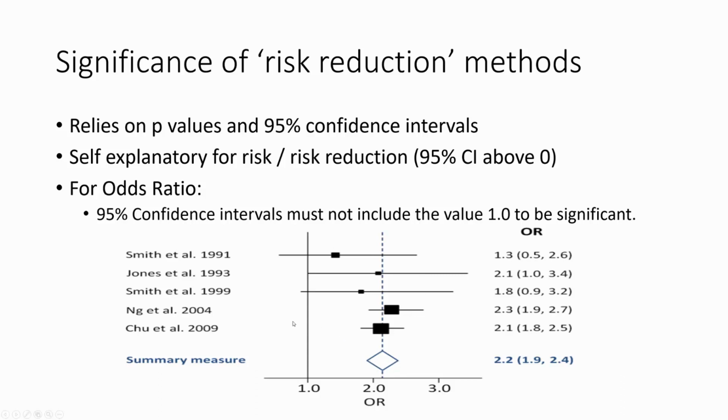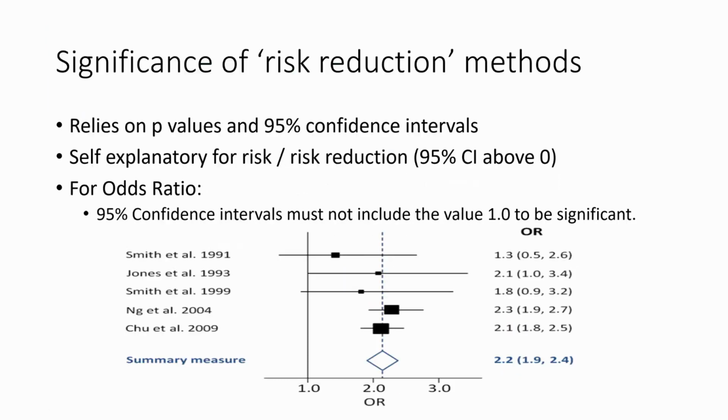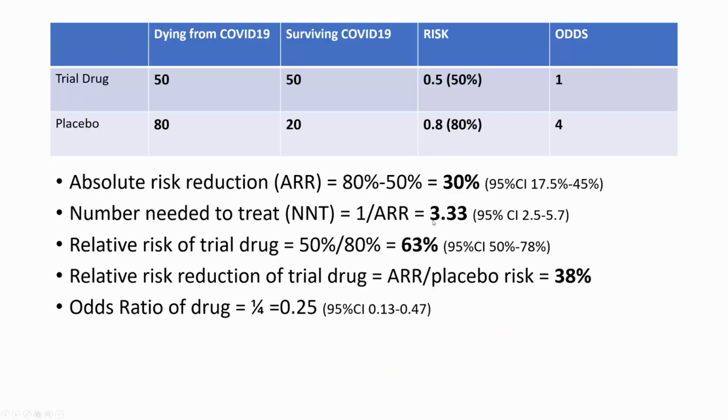So let's look at this slide here again and put what the 95% confidence intervals were for all of them. Okay, so absolute risk reduction was 30%. The 95% confidence intervals was 17.5 to 45%. So that's got to be a significant result, because the lower end is still greater than 0.